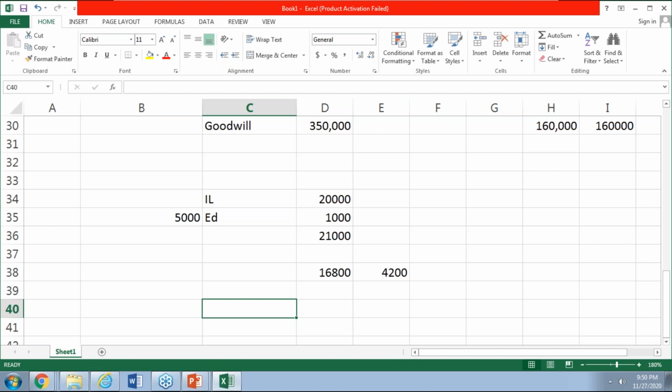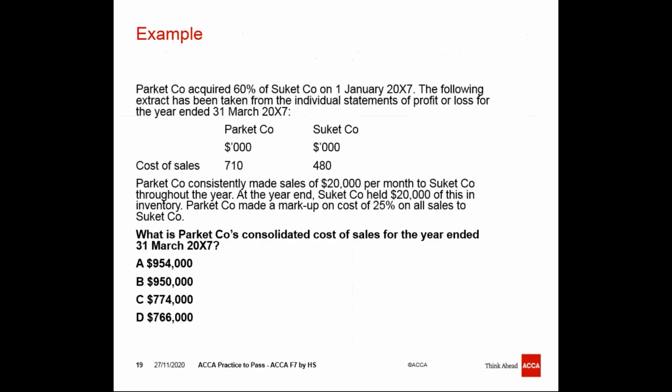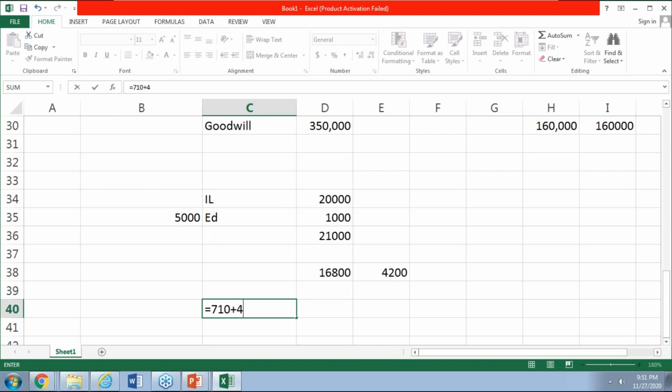Now see here, the cost of sales of the parent company is 710, and the cost of sales of the subsidiary company is 480 multiplied by 3 divided by 12. Then we have to deduct the intercompany sales.